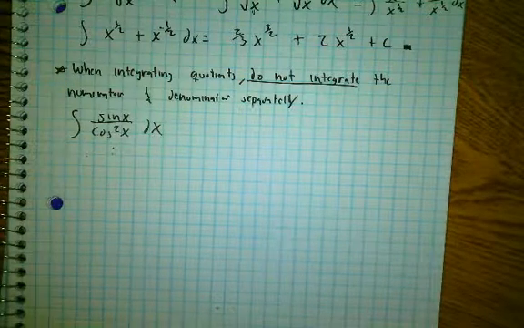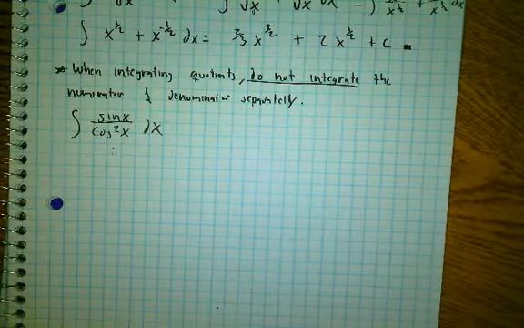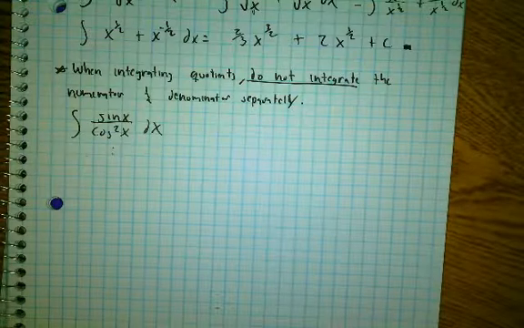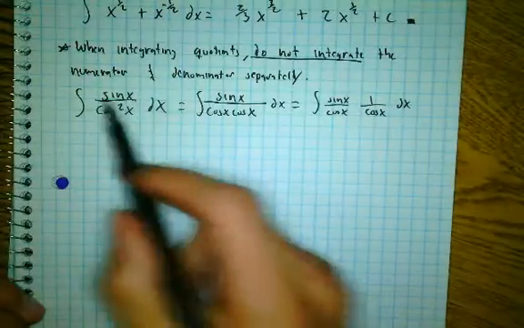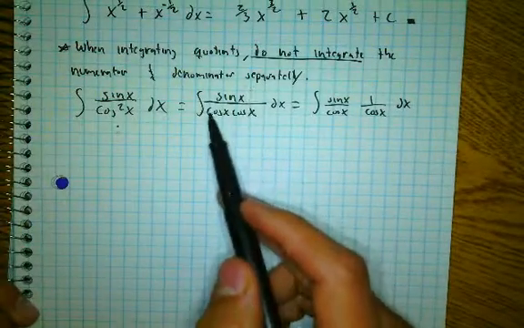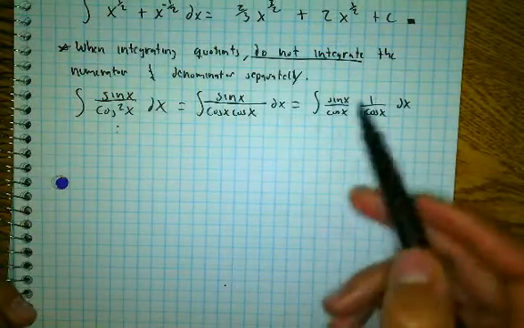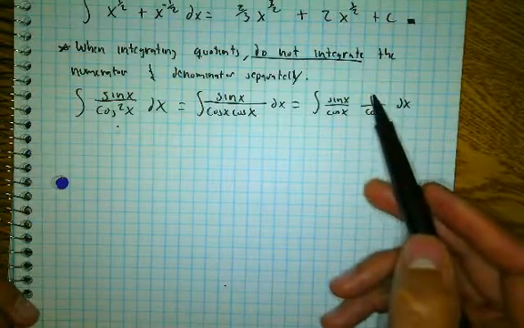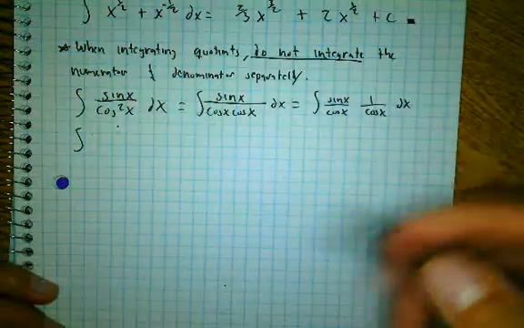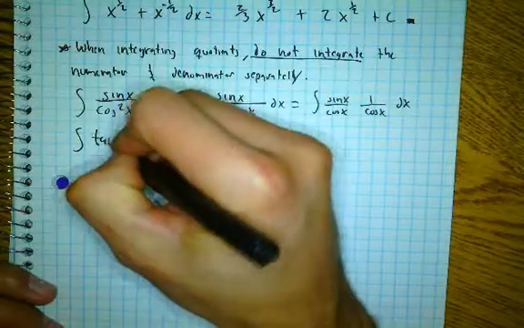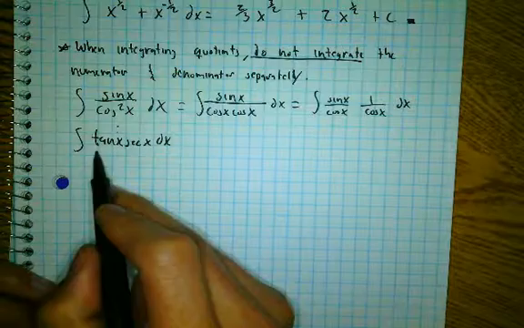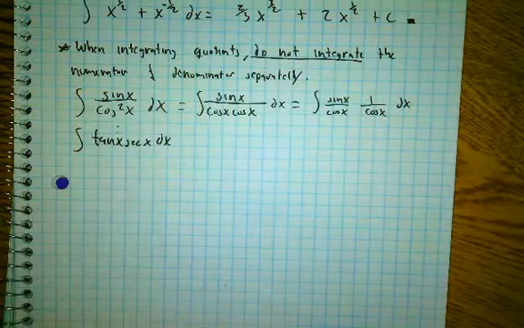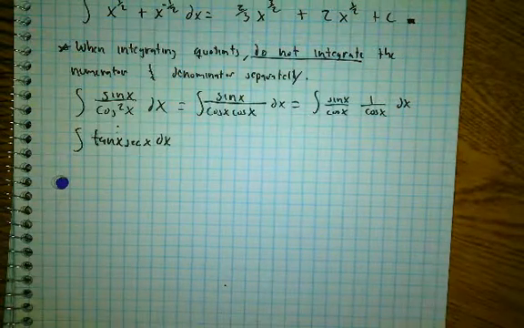That's the same thing, which breaks down into sine over cosine times 1 over cosine, which ultimately breaks down into the antiderivative of tangent x secant x dx. This is one of those rules that you need to know from differentiation. What trigonometric function has a derivative of tangent x secant x? That would be secant x, and because we're taking the antiderivative, plus some constant. Okay? Questions on that one?